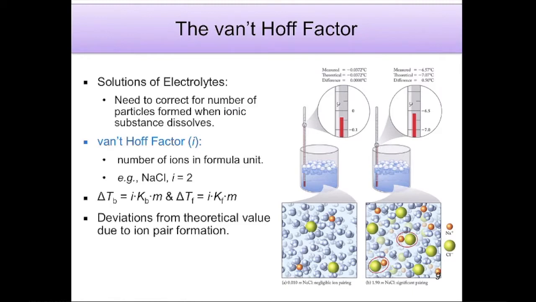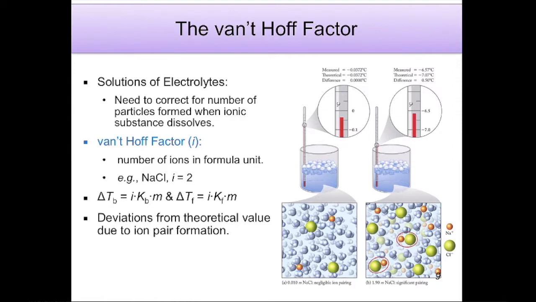Okay, so now what happens if we have an ionic solute? So for example, sodium chloride. So cinnamaldehyde is not ionic. So when you dissolve cinnamaldehyde, it's just an organic compound. It doesn't split up into any ions. The molecule itself just dissolves as a whole molecule.